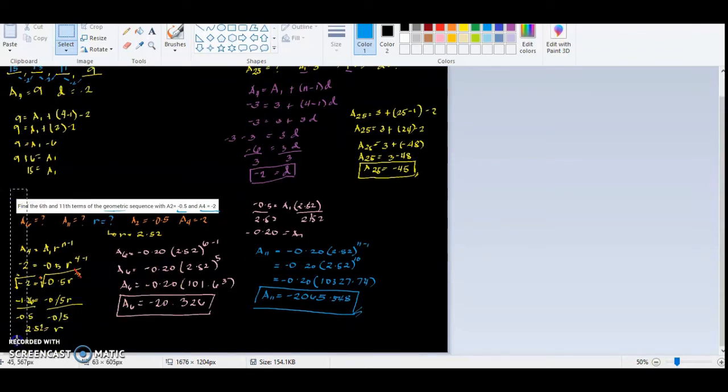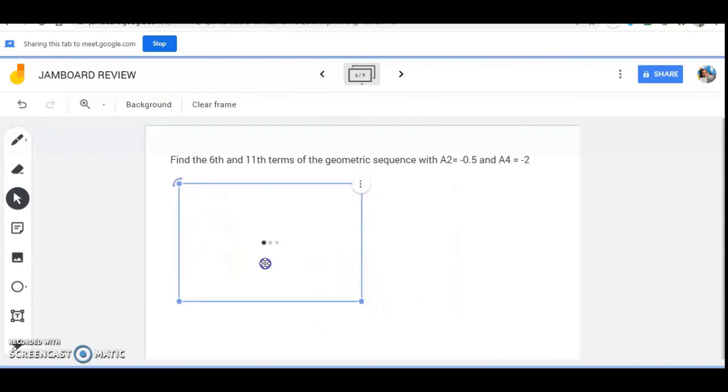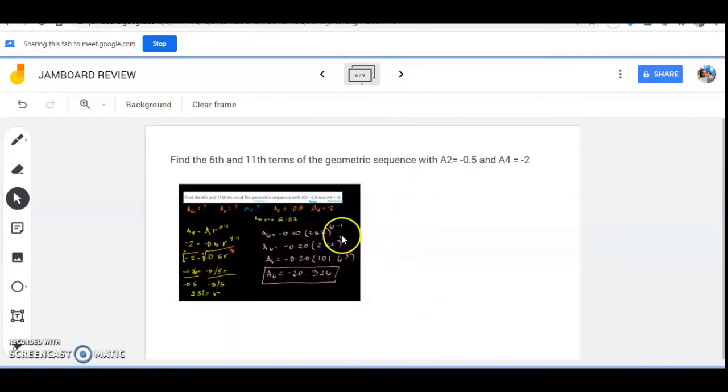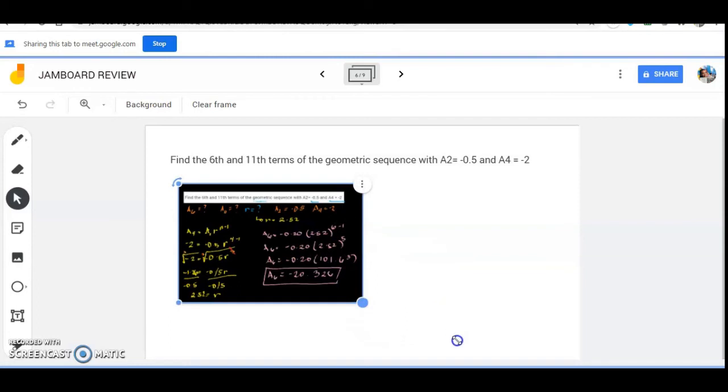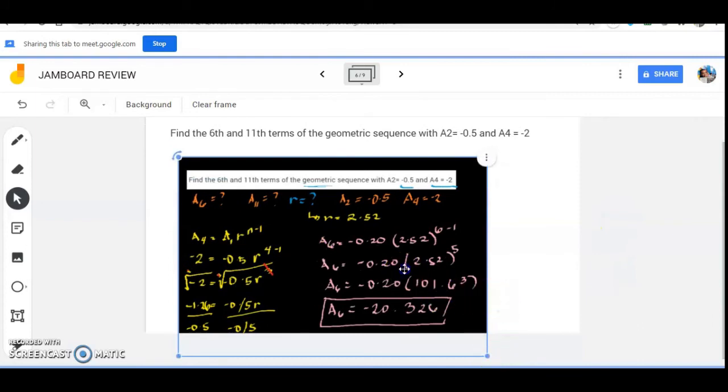Let me just clip it to save our time. a sub 25 is negative 45. It's 25 minus 1, positive 24. Okay, sige. So, this is the solution for this problem. Let me just discuss how it was obtained.